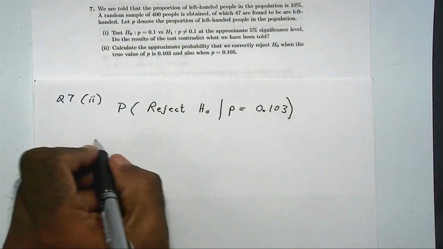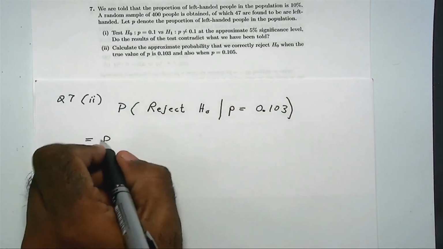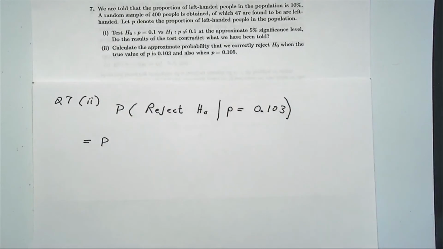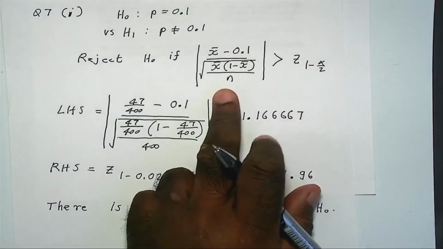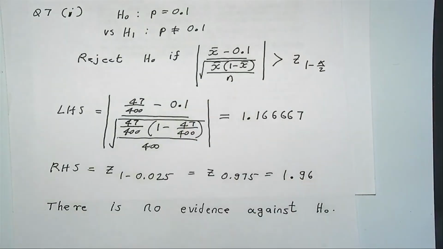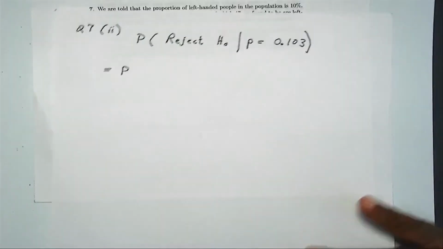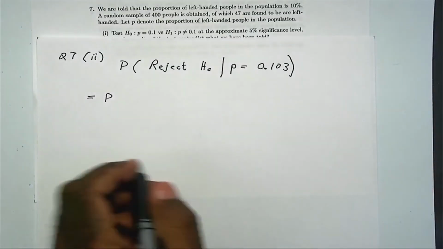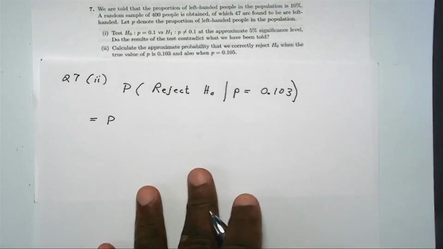Now if you go back to the earlier part 1, this is the rule for rejecting the null hypothesis. So that's what I'm going to write down first.